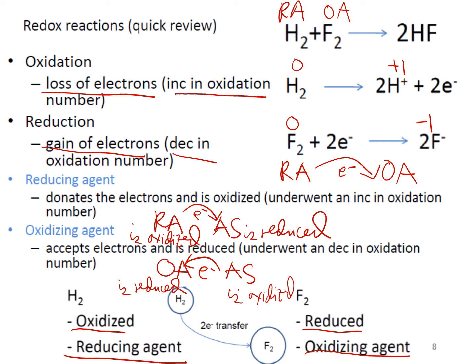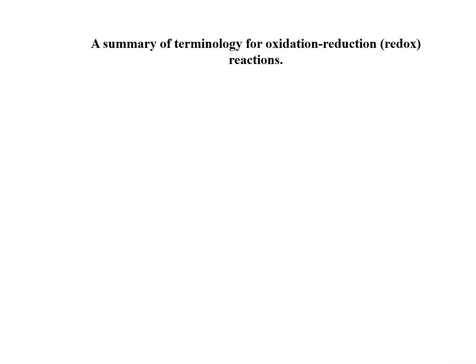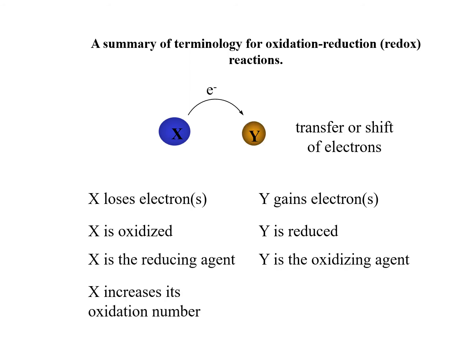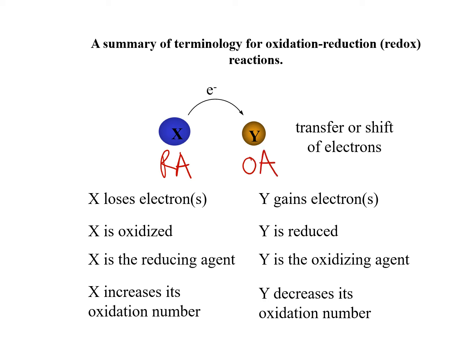The reducing agent undergoes oxidation, oxidizing agent undergoes reduction. All right. So let's have a review again on how to assign oxidation numbers. Okay. So again, as a summary, this is the interaction between the OA and our RA. So our reducing agent loses electron, and that is accepted by our OA.